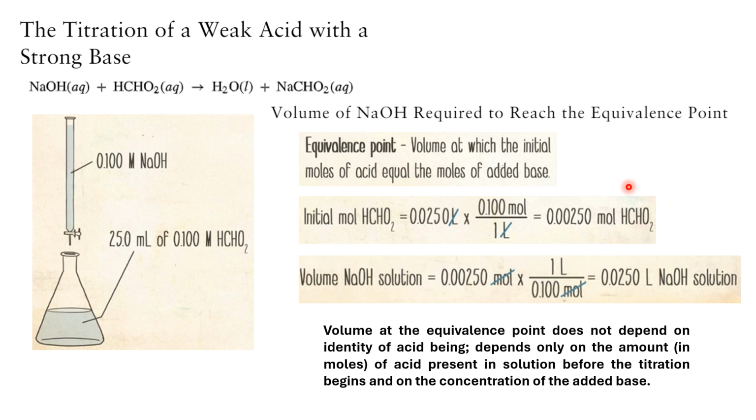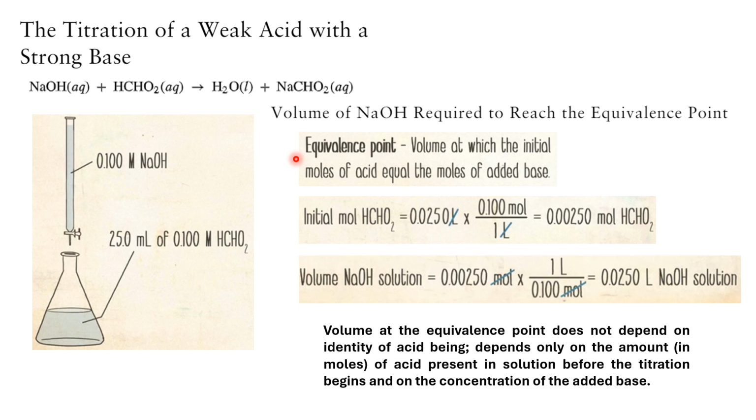Now, if there's a 1-to-1 ratio between your weak acid and your strong base, then you basically need this exact same amount of base to neutralize all of this acid. And we confirmed the 1-to-1 ratio right over here. You need to understand that whenever you're trying to figure out the equivalence point, the first thing you want to do is figure out how many moles of the thing you're titrating you have in the first place, how many moles you're starting with.